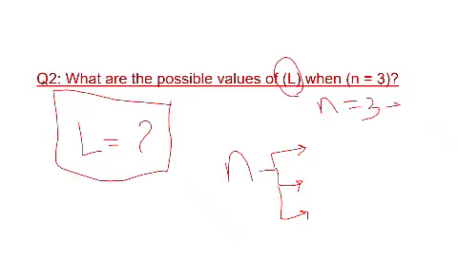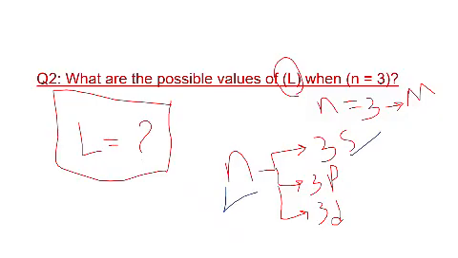So n = 3 includes 3s, 3p and 3d, because each main energy level has a number of sublevels equal to its number. These are the sublevels included in the principal quantum number 3.